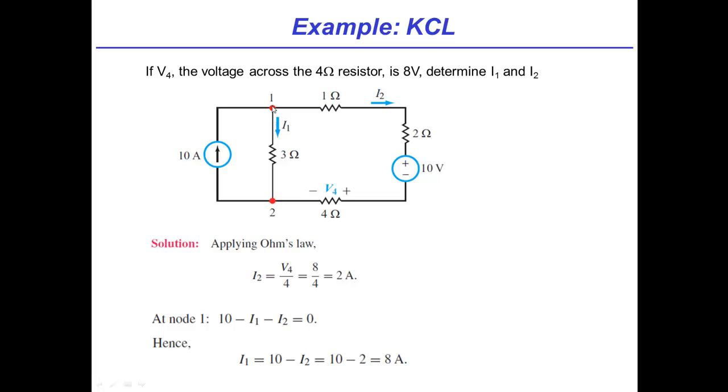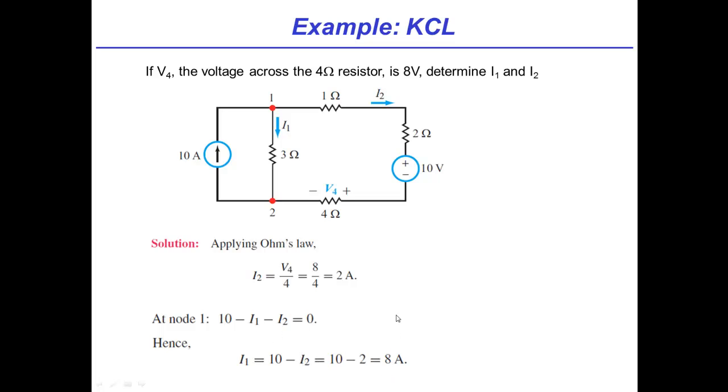Alternatively, I could write KCL by saying that all the currents going in must sum to 0, so 10 plus minus I2, so minus 2 amps, minus I1 must equal 0. And so that's exactly what I wrote: 10 minus I1 minus I2 equals 0. We happen to know I2, of course. We just solved for it. And so I1 is going to be 10 minus I2, just by modifying, and I get 8 amps.